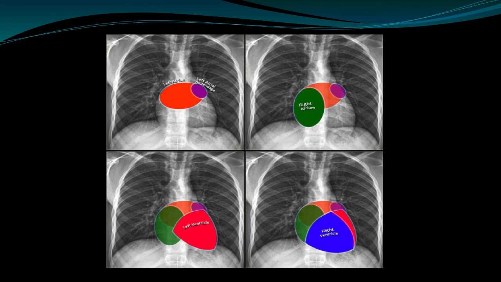In the lower part slide on the left is your left ventricle highlighted with the red color, and also in the lower picture, on the right side, you have your right ventricle, represented by the blue color. Okay.